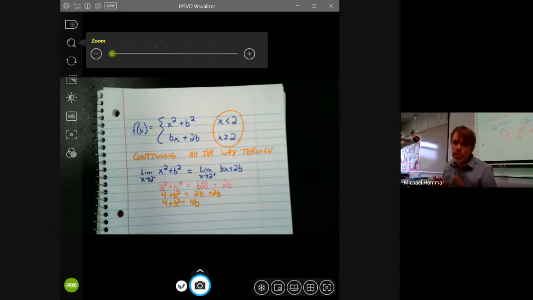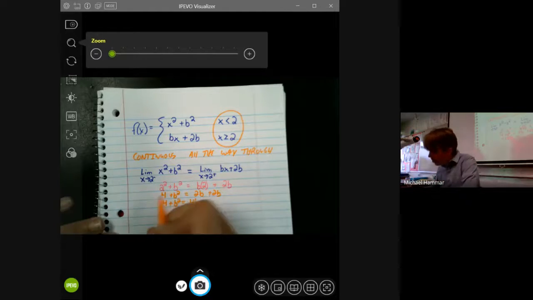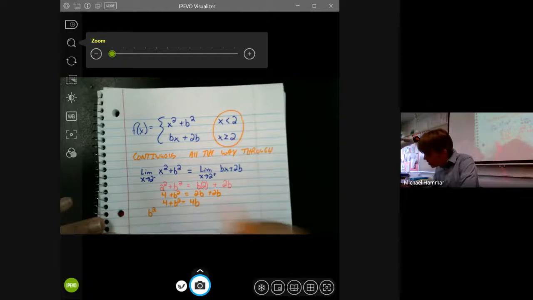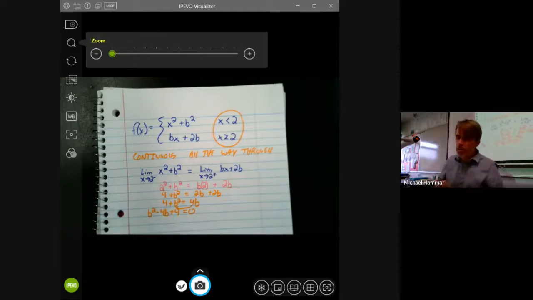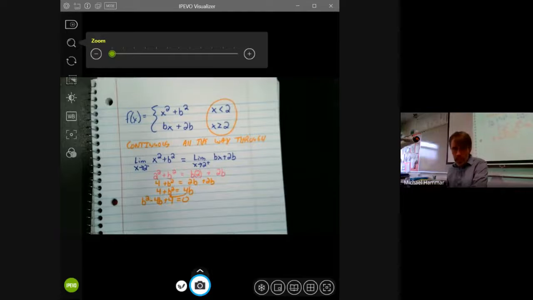Now, you need to remember, when you're going to solve quadratics, you have to get everything on one side and get it equal to 0. So let's rearrange all of these terms. I'm going to move the 4b over here, so it becomes negative 4b. I'm going to add 4, and make it equal to 0. If you have a quadratic, your brain should automatically think that it is going to be factoring of some sort.